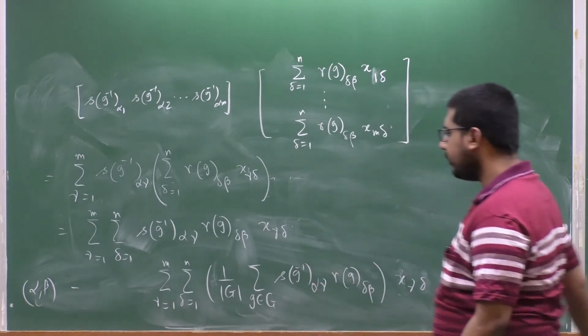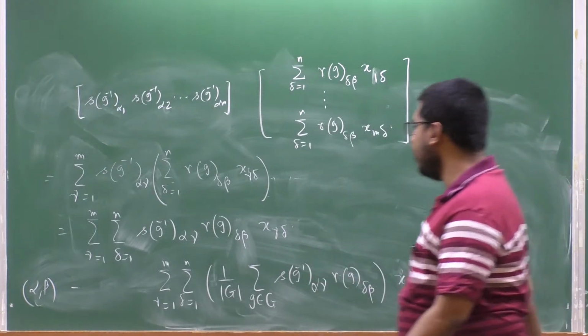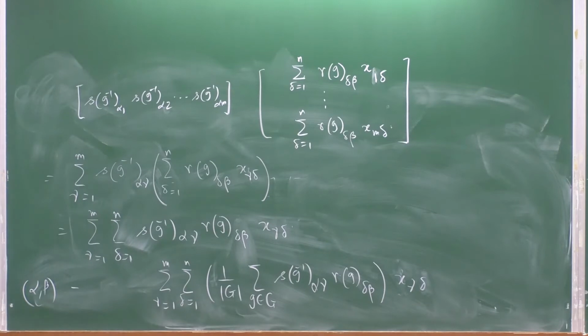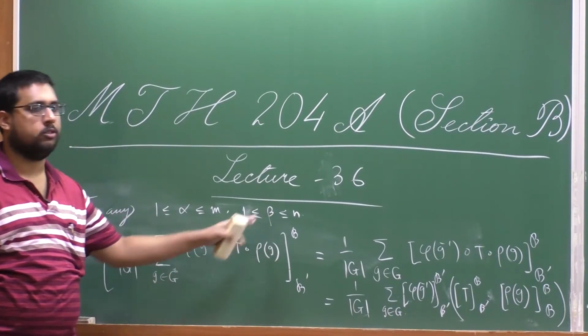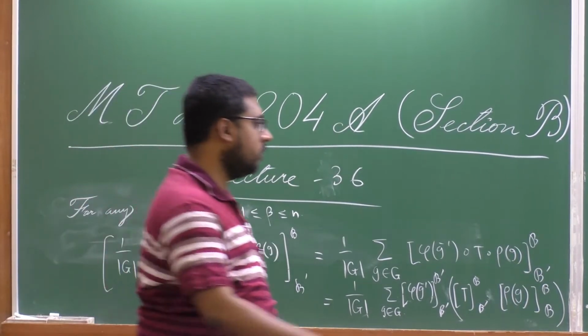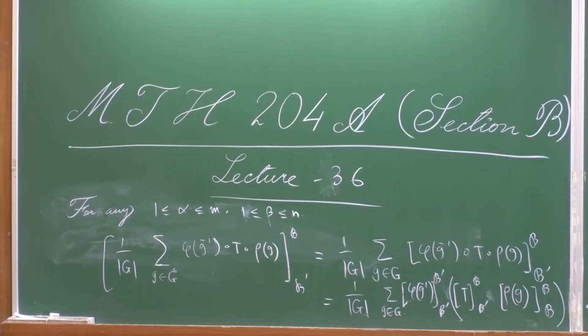Okay. Thus we have computed explicitly the coefficient of this matrix at any given position alpha comma beta. All right.